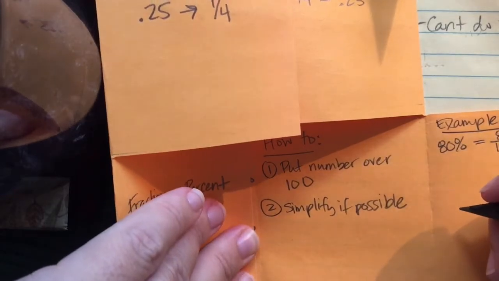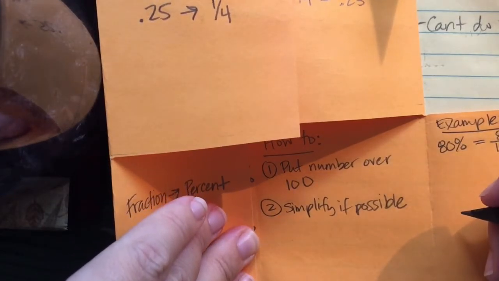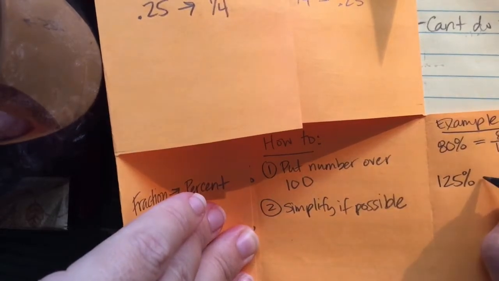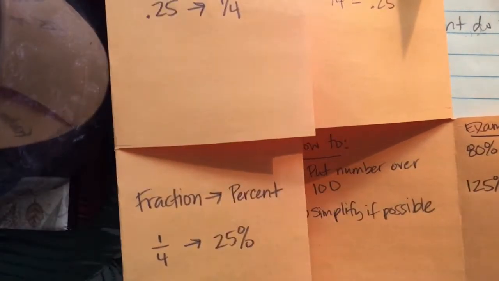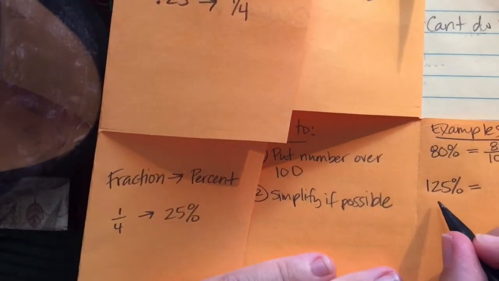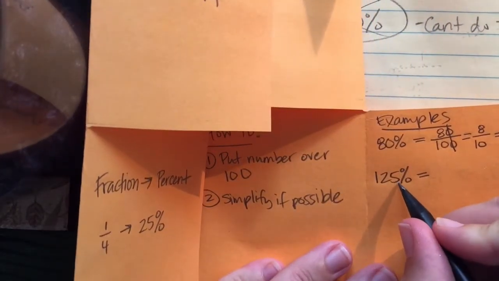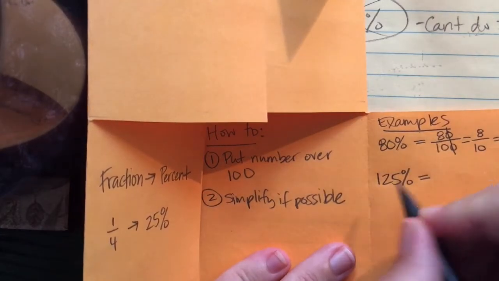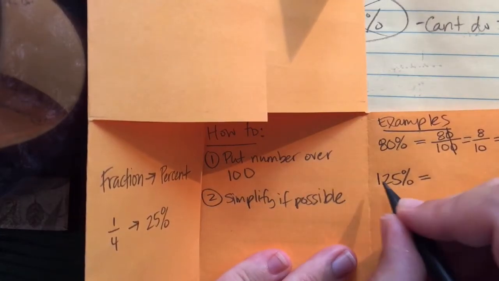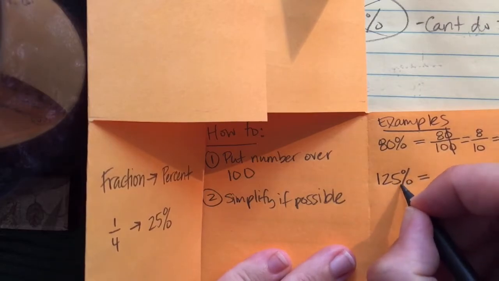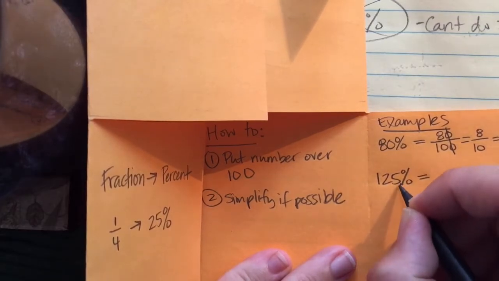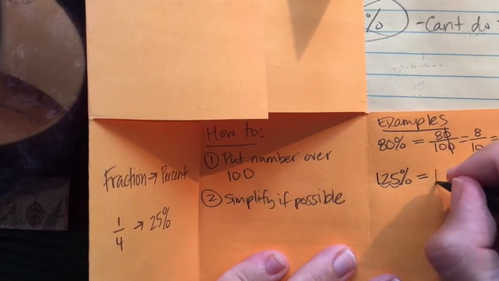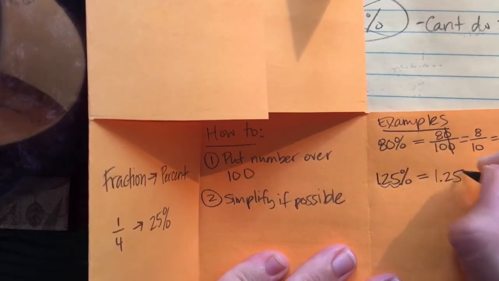If you had a percent like 125%, what I would do in this case, if you have a triple digit percentage, I would change this to a decimal first. So your decimal is here, move it to the left twice, so that would give you 1.25.